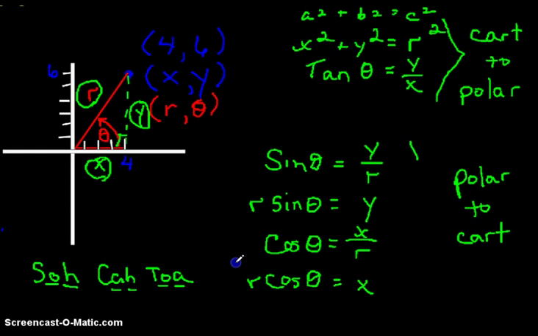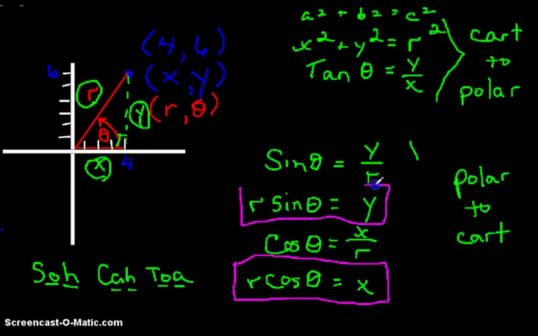We are going to go ahead and circle or put a rectangle around the two that we really want from this group. So when we're going from polar to Cartesian, these two are the two that we want.